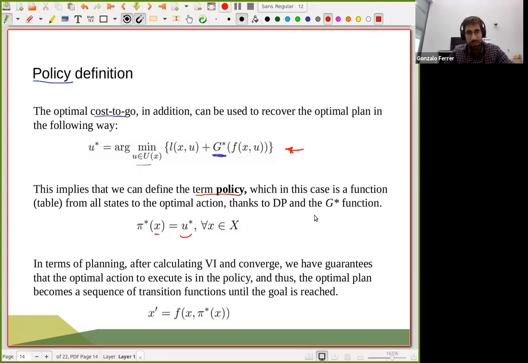So this is great news. This is what a policy really means: it allows us to calculate actions from any state just by doing a minimization of a single step. And this is very powerful, because now it's not just that we have calculated a plan from an initial position to a goal position.